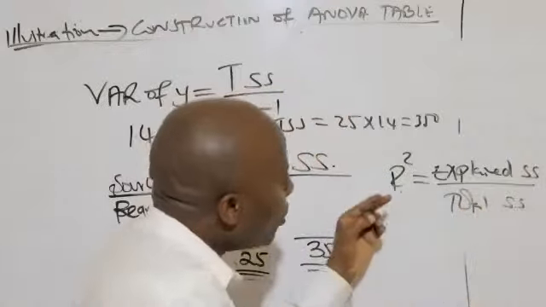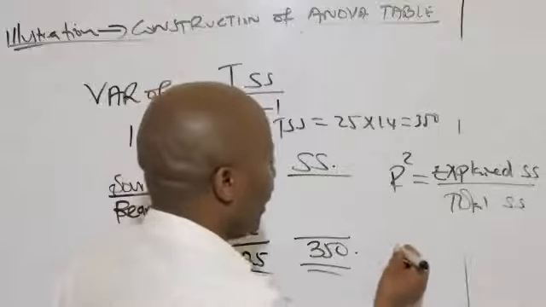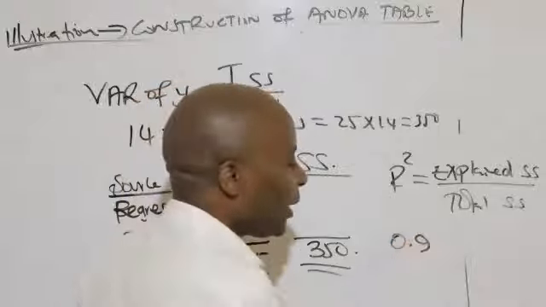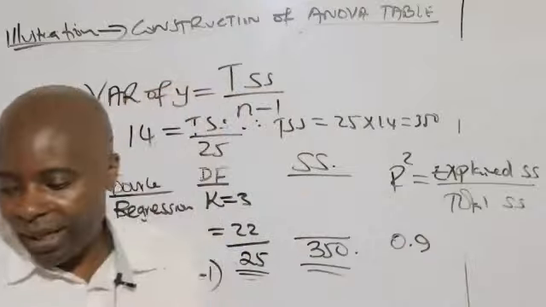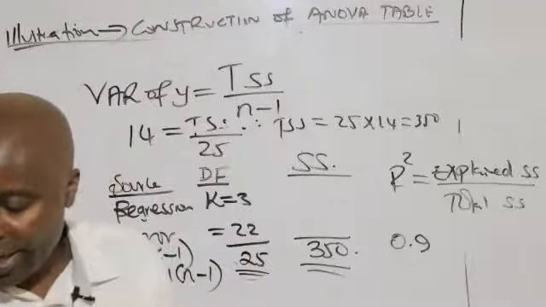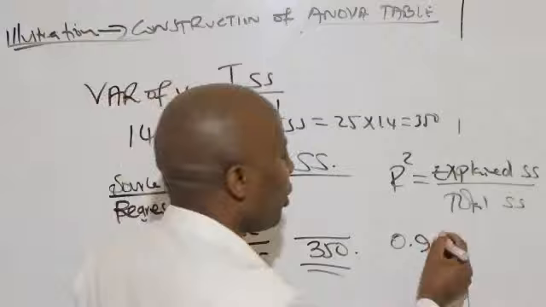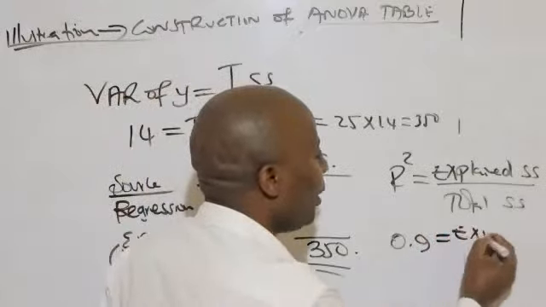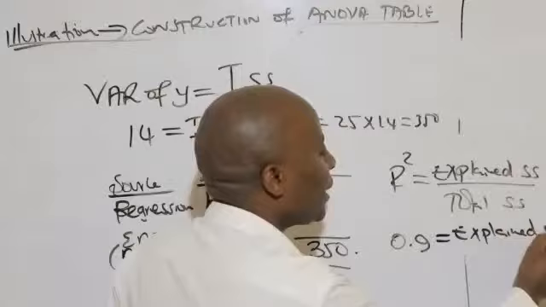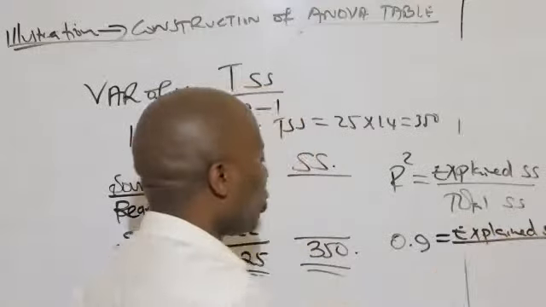And the r squared given up there, if my memory serves me right, is 0.9, which will be equal to the explained SS, which I don't know, all over the total SS.